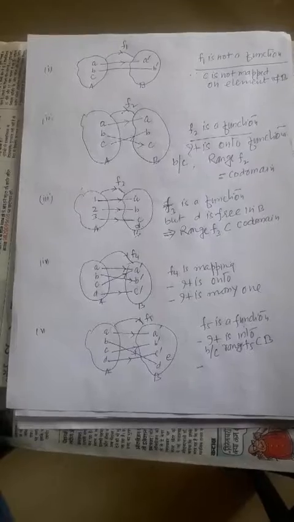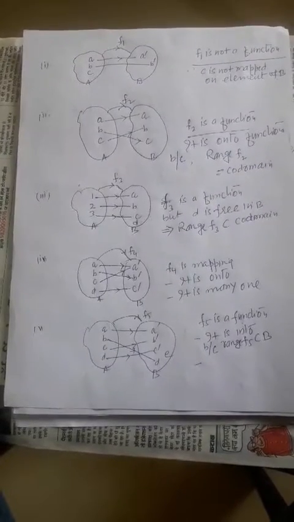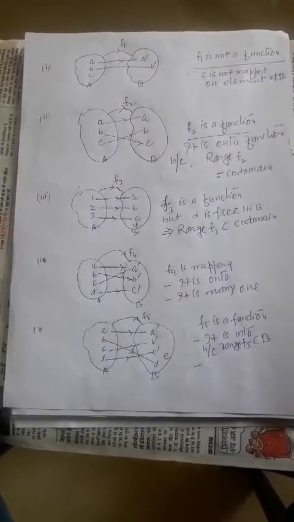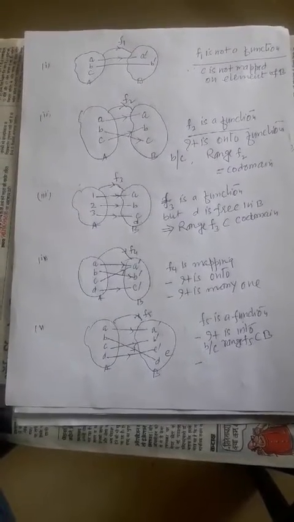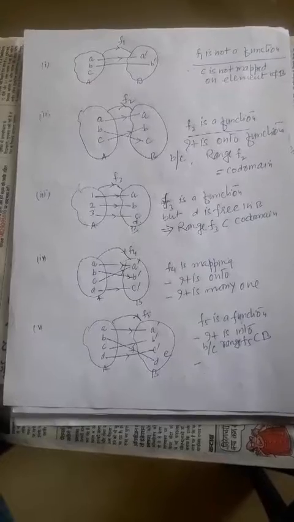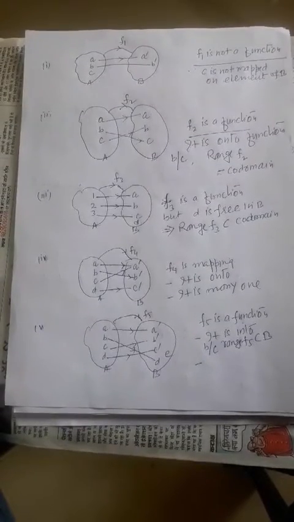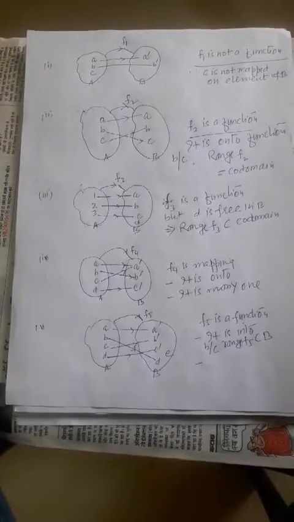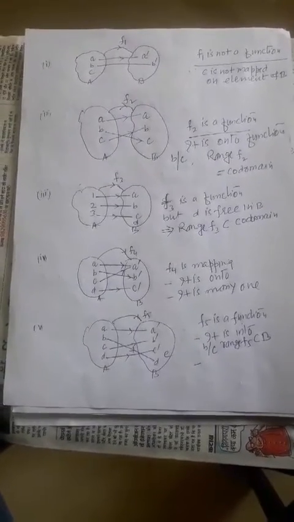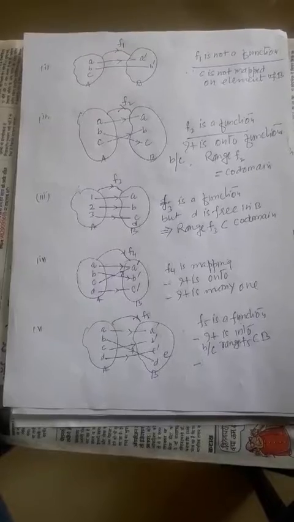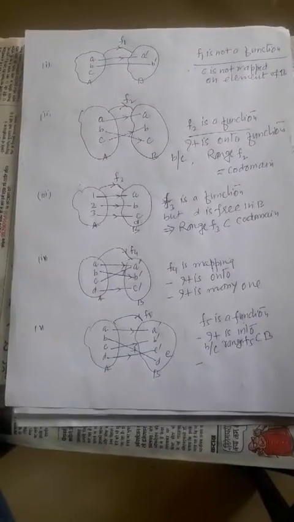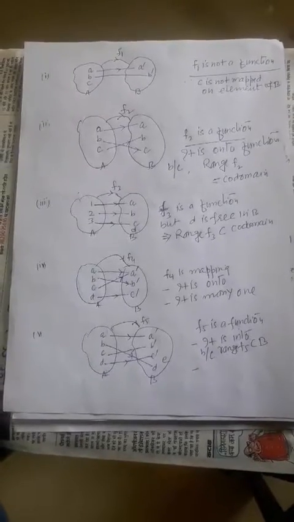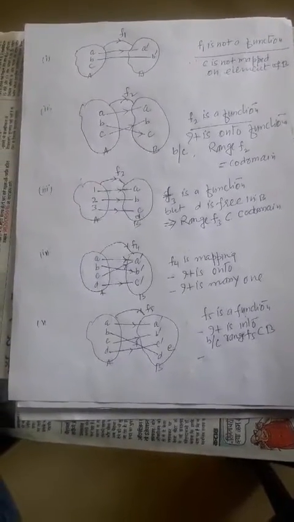Now f3 is a function, since the definition of the function is fulfilled here. But d is free in the set B, so it is not an onto function. It is an into function. Since one element is mapped over one, it is a one-one into map.